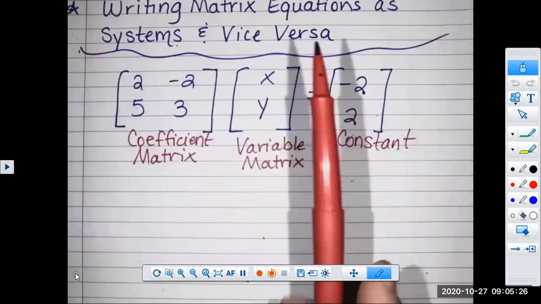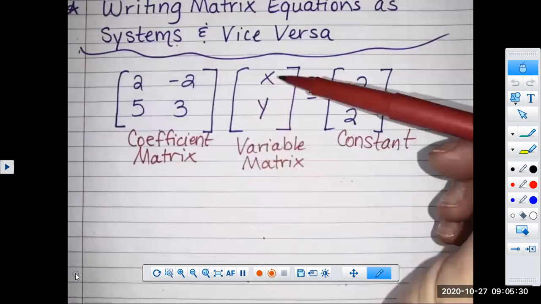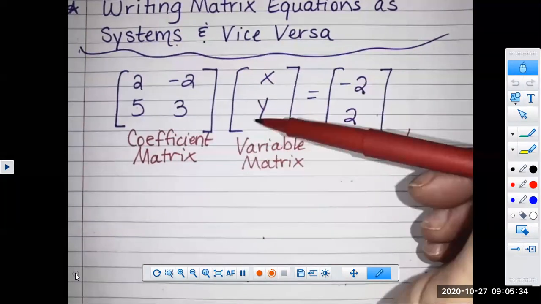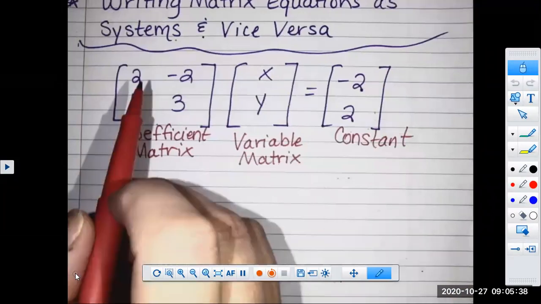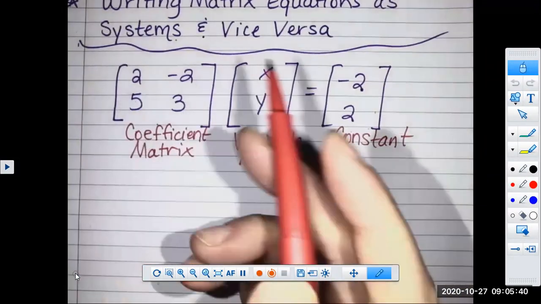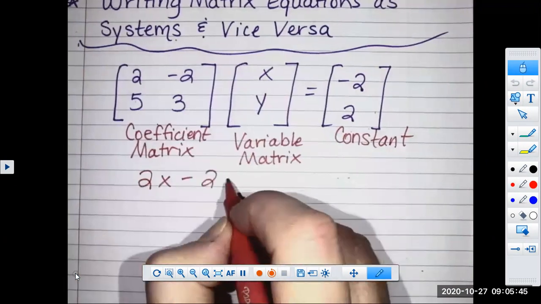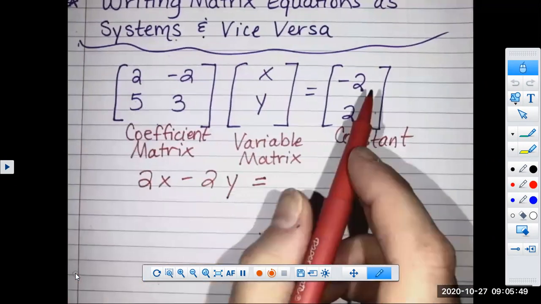Okay, so I know that X is in the first part of this column and Y of course is in the second row of that column. If you go across, this is how you would write this as a system. So you would have 2x minus 2y equals -2.